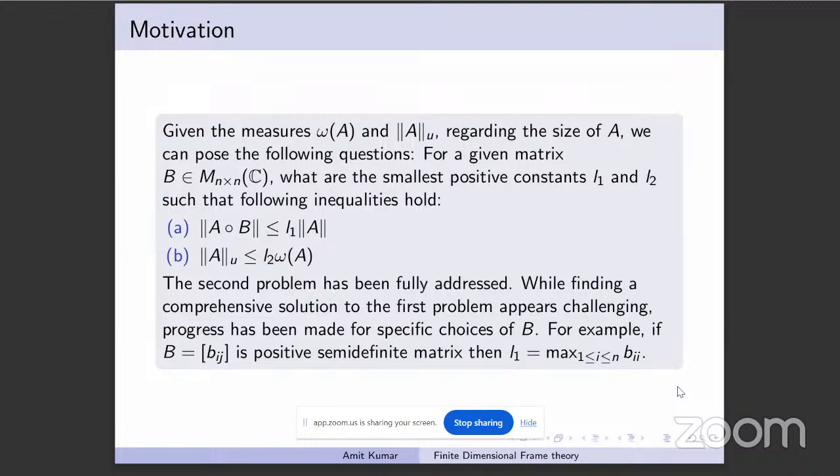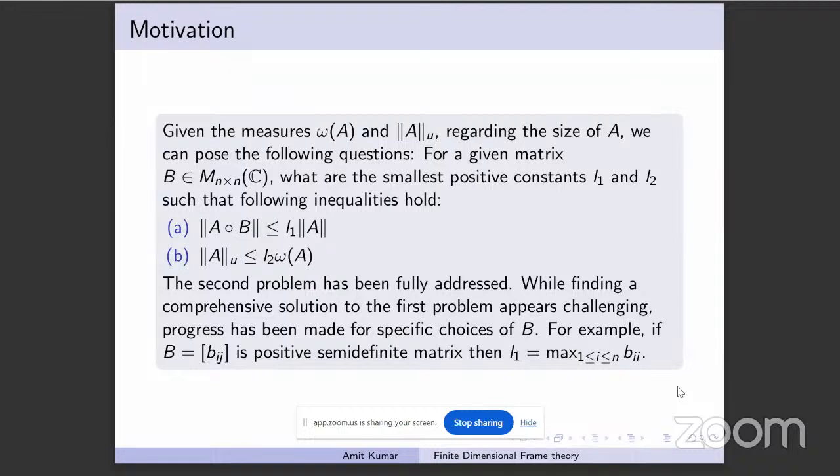Here the circle denotes the Hadamard product of matrices. If you are given two matrices A and B of the same order, then A circle B is just the element-wise multiplication of the matrices.